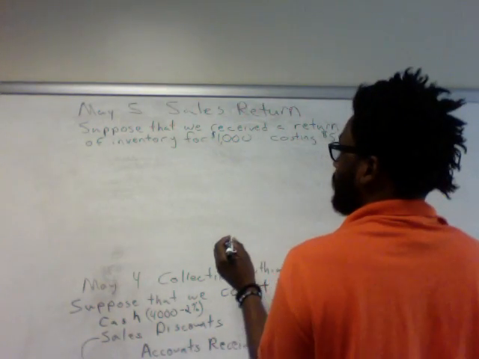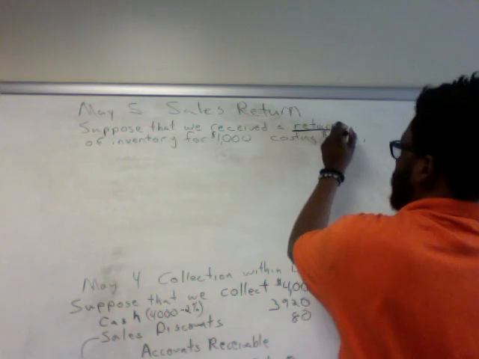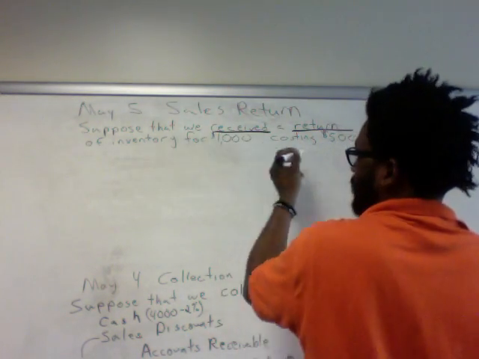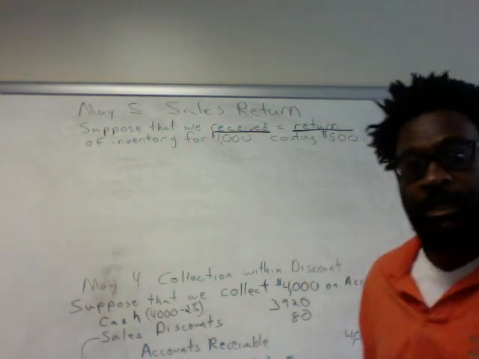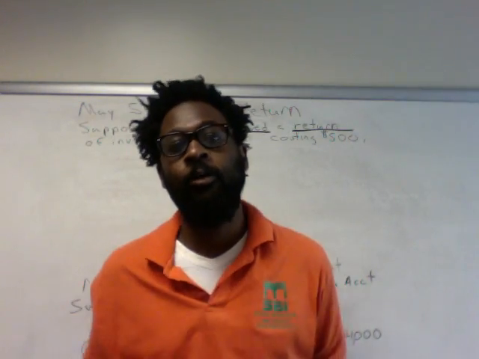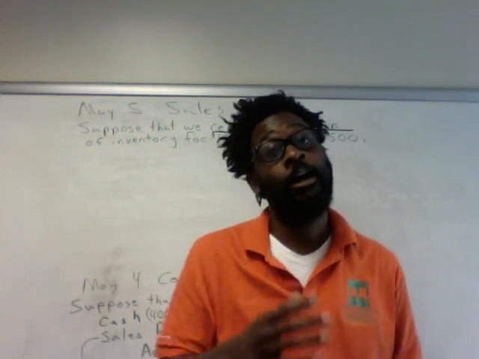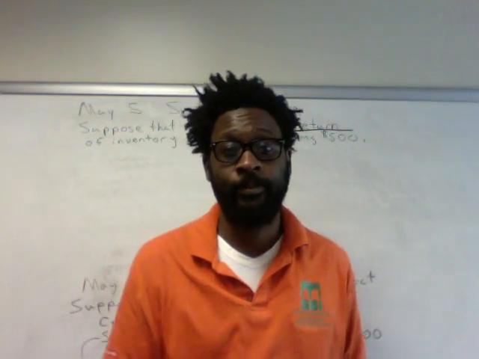What are the key words? A return. We received a return, right? And of course the $1,000 and the costing. So think about this logically. What is going on with this? We sold to a customer, and now the customer came back and actually brought back the item. A couple of things should happen to us from the business standpoint, right?